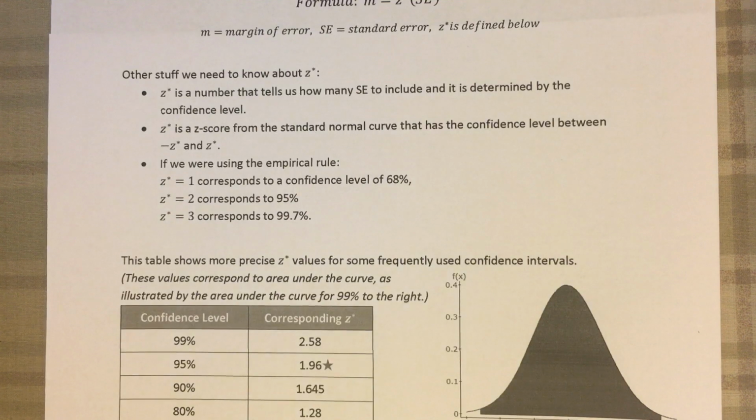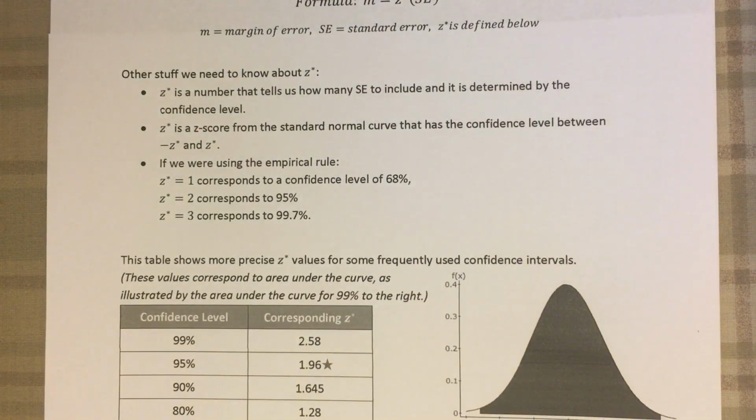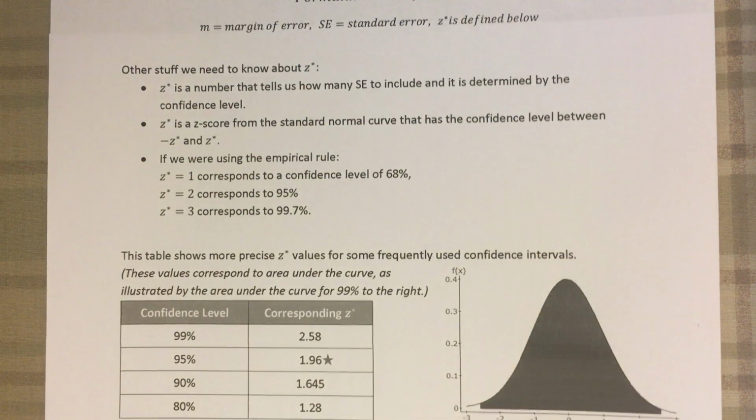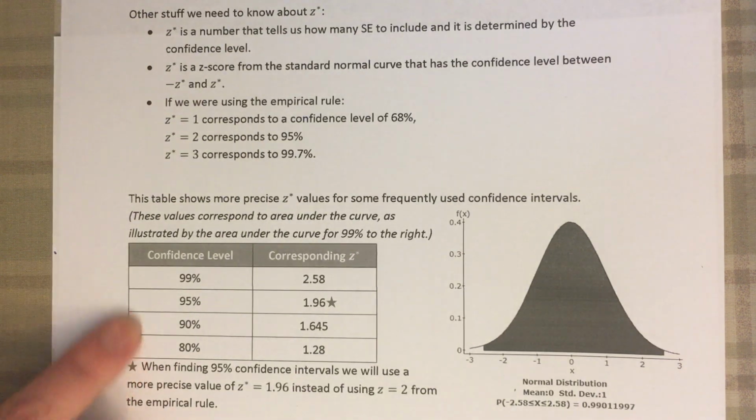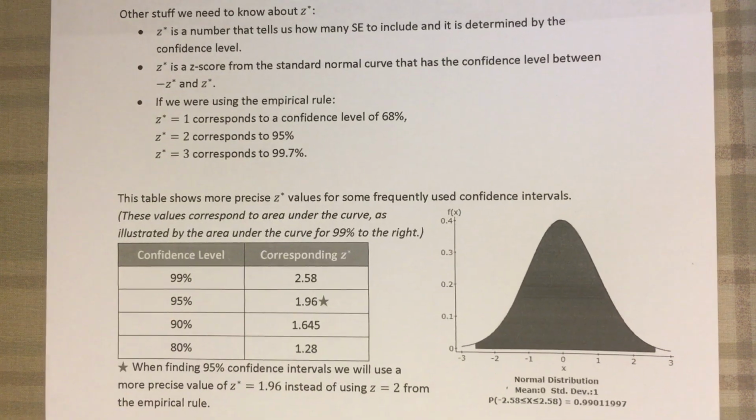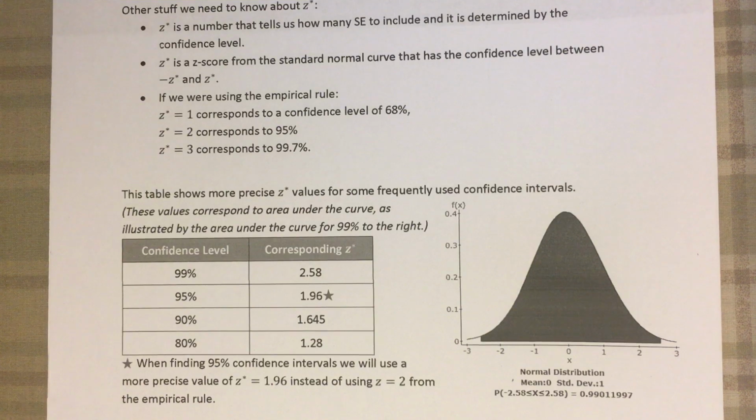Now, for our purposes, as we're going through these problems, we're not necessarily going to use our 68% or our 99.7%. Instead, we're going to use confidence levels that vary between 80% and 99%. For the most part, so far we've used a z-score of 2 to correspond to 95%.